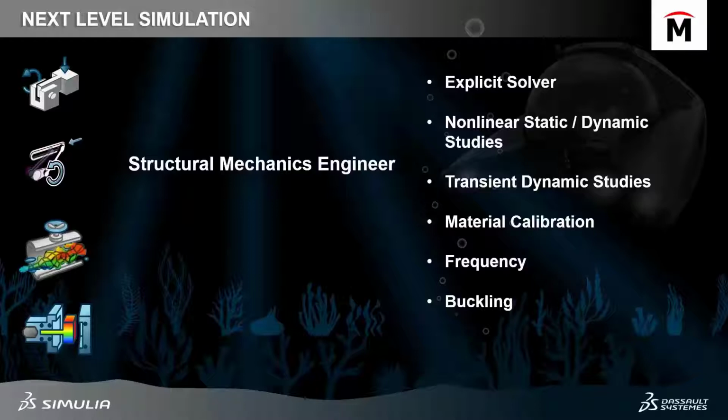The Structural Mechanics Engineer role comes with another app inside of it called Material Calibration. This app allows you to take empirical test data from a specific material. You can load it into the app, clean up the data, and make your own custom material to use inside of simulation going forward. This will be available not just to you, but to any member of your team that has access to that material space.